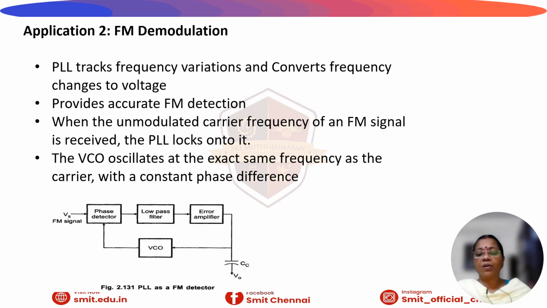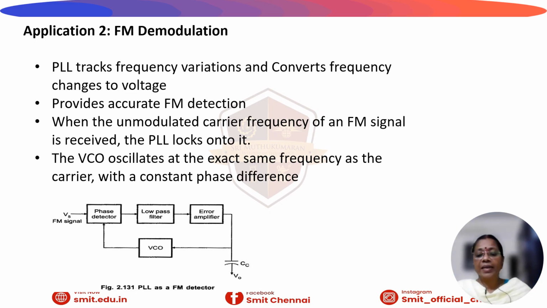It is used for frequency demodulation by forcing its internal voltage controlled oscillator to track the instantaneous frequency of the incoming signal, which is the FM signal. The filtered error voltage required to keep the VCO locked to the input serves as the demodulated baseband output. So, the standard PLL FM demodulator extracts the original message signal through a straightforward closed loop process.